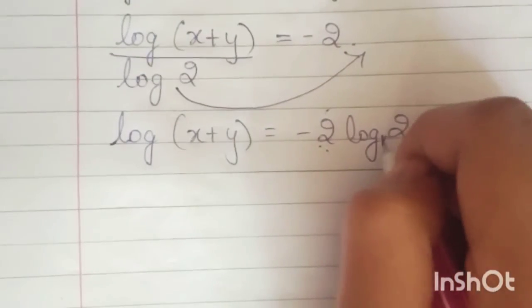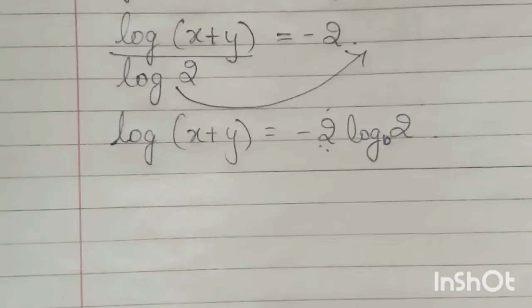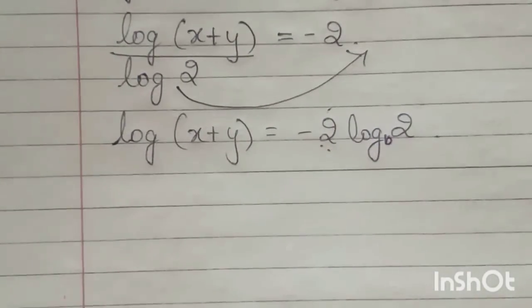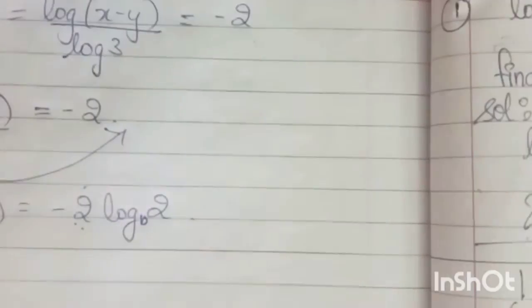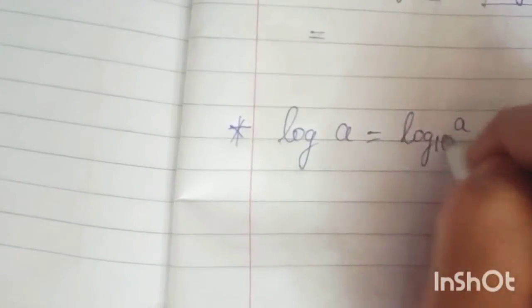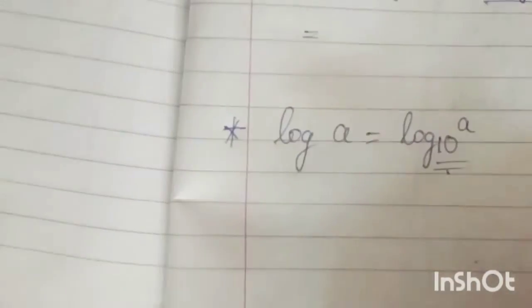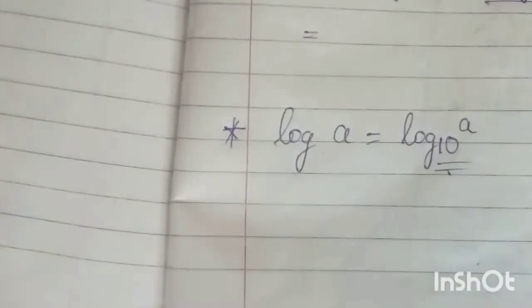Base is 10. See, one more thing I have to say is, if there is a log, okay, the other property is, if I have log a and I simply don't have any base, then I have to take the base as 10, only 10. If there is no base, you only have to take the base as 10, okay.